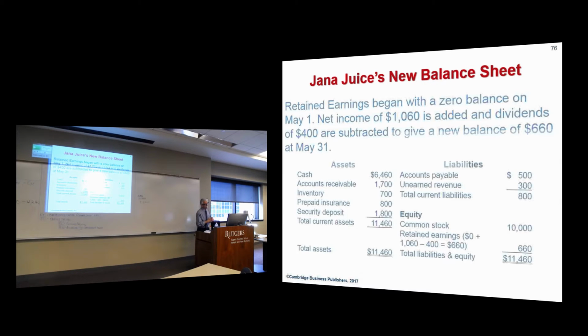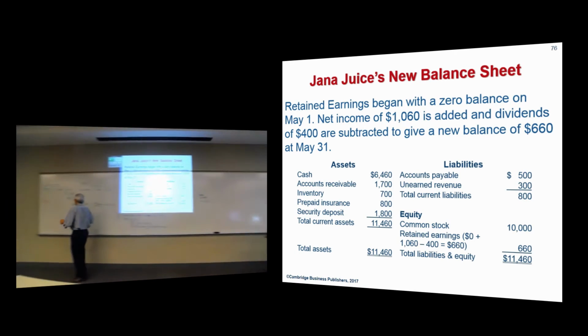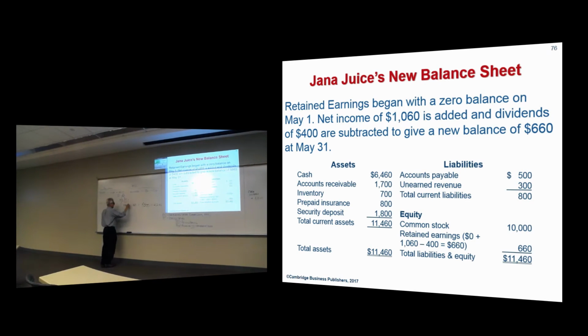Now, just one last point on the balance sheet. This is the full balance sheet for this entire example. When you look at the stockholders' equity section of the balance sheet, you notice that it is 660, and retained earnings, of course, in this case, the only retained earnings we had, we started with 0.